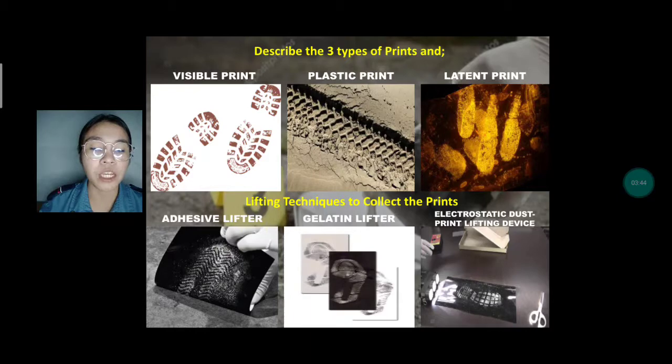Nakakapag-lift tayo ng prints sa mga smooth or non-delicate surface like tiles or hardwood floors, and it is usually used in conjunction with fingerprint powders. Next is gelatin lifter. It is a sheet of rubber with a low adhesive gelatin layer on one side. Then, nakakapag-lift tayo ng prints sa mga kahit anong surface like rough, curved, and textured surface.